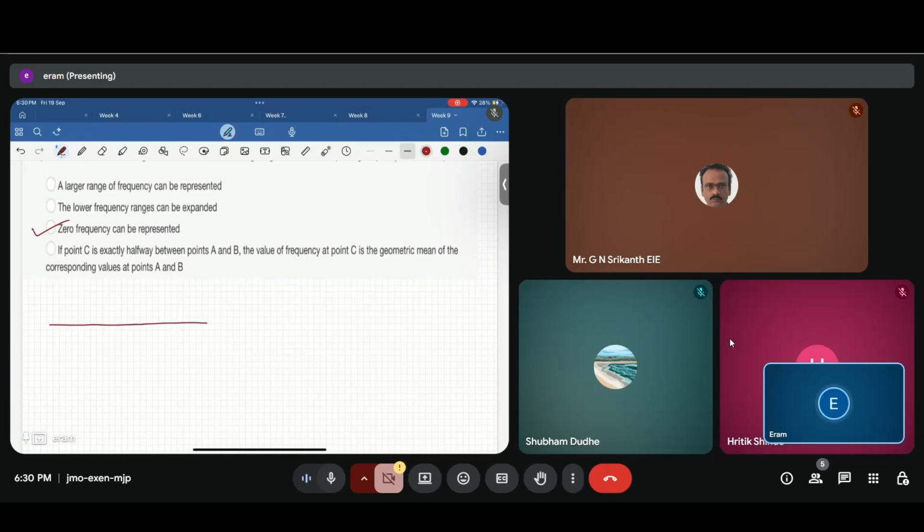If we have a linear scale where we have a point A and B, and then we have a point C in the middle of that, what is the relation of C then? Can we write C equals A plus B by 2?